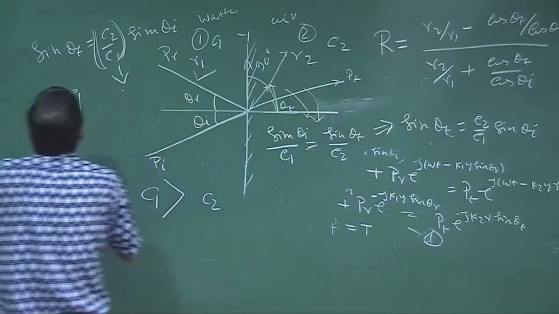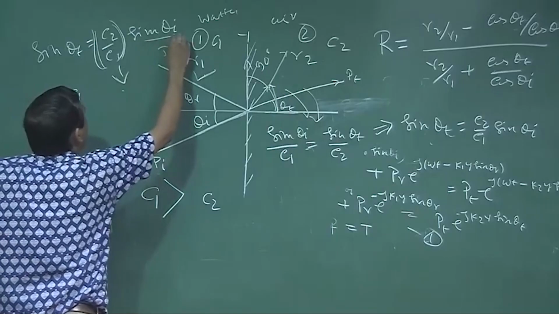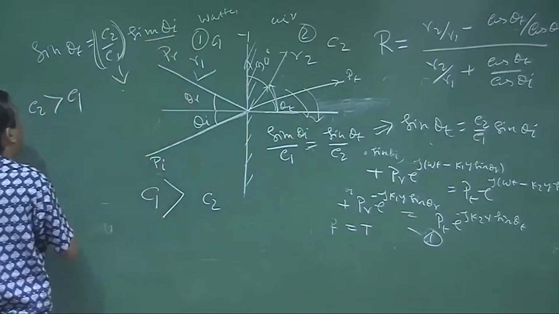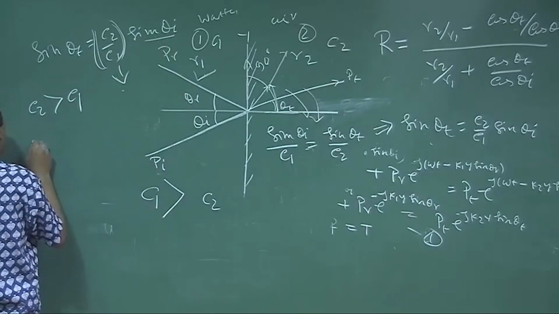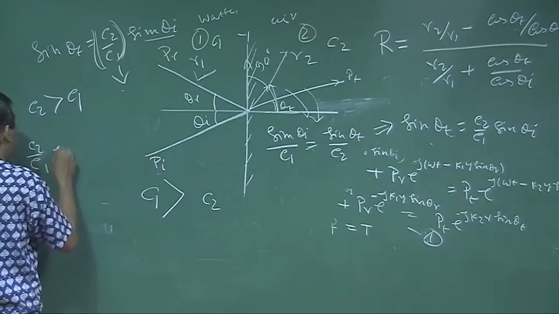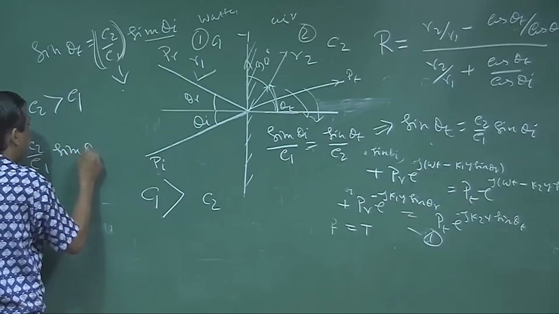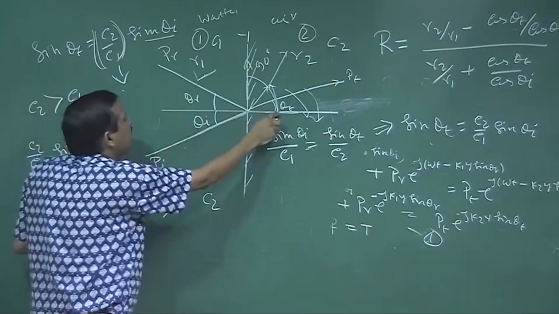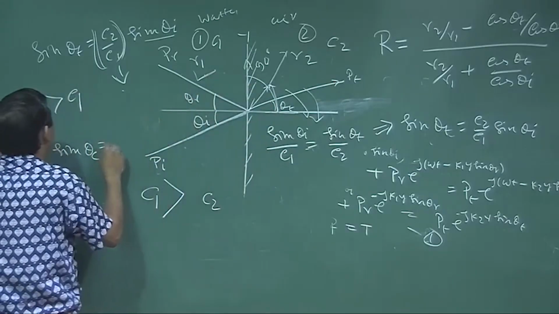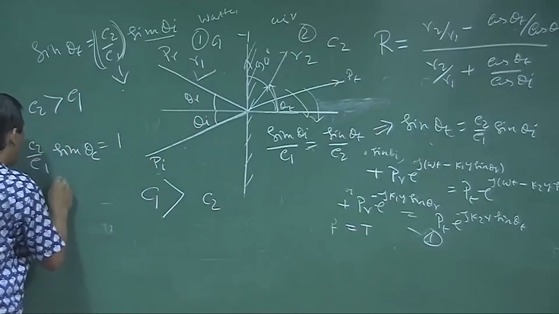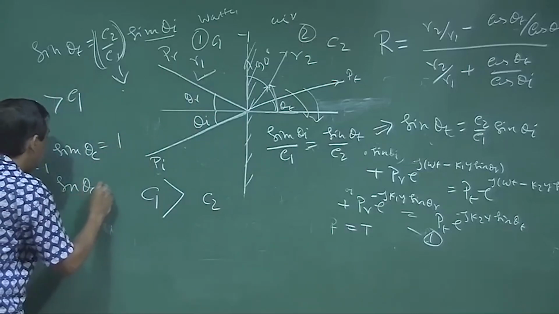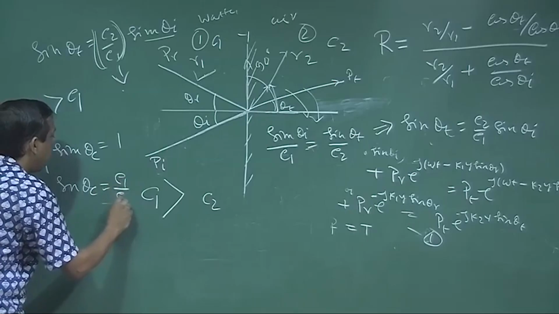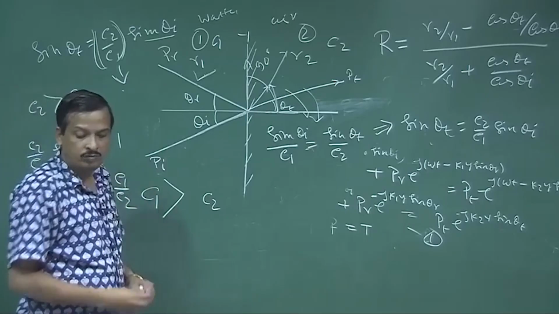So if theta I is the critical angle, then c2 by c1 into sin theta c, the angle of incidence for which the angle of transmission is 90 degrees, is equal to 1, or sin theta c is equal to c1 by c2.